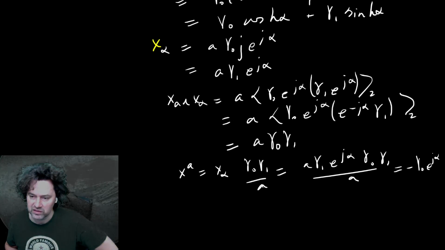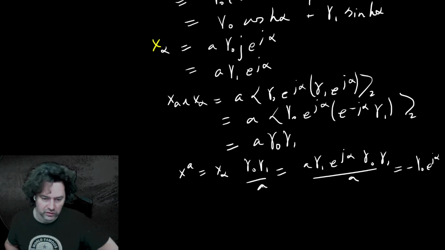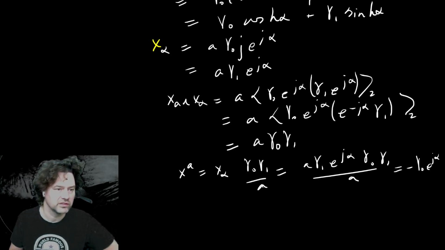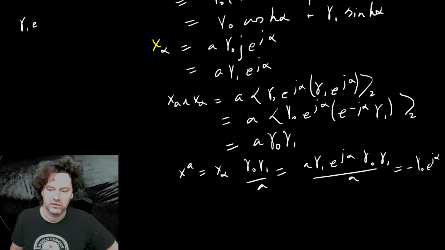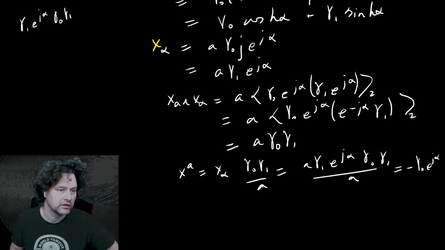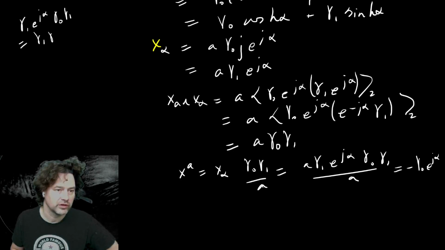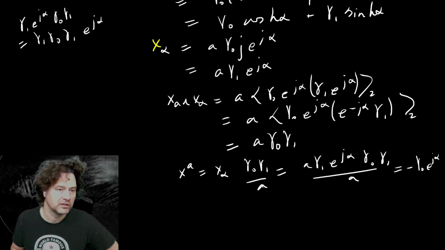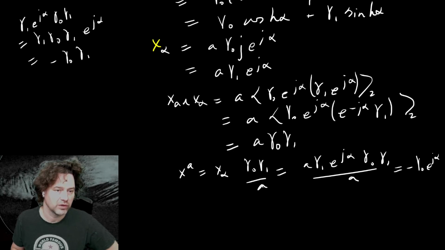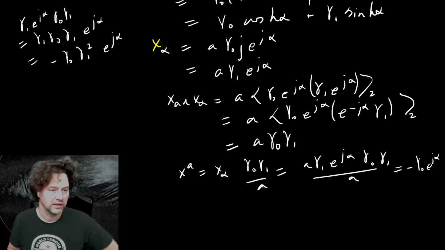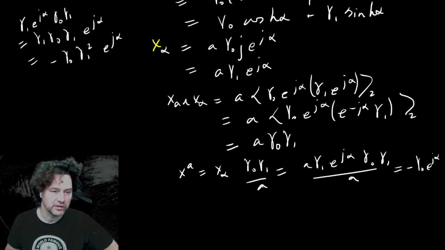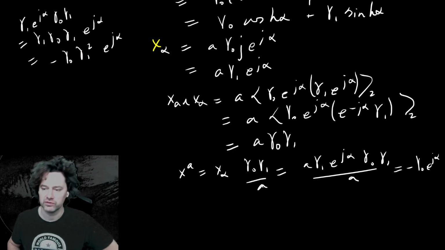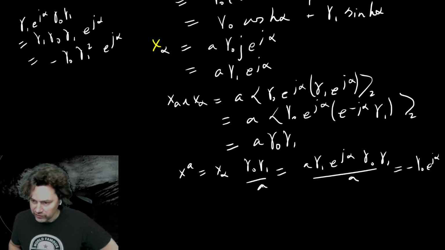And does that sign make sense? No. So I was trying in my head to do gamma 1 e to the j alpha gamma naught gamma 1, which is gamma 1 gamma naught gamma 1 e to the j alpha, which is minus gamma naught gamma 1 squared e to the j alpha, and gamma 1 squared is minus 1, so we have minus minus 1, which is plus 1, which is plus gamma naught. We should have plus here.